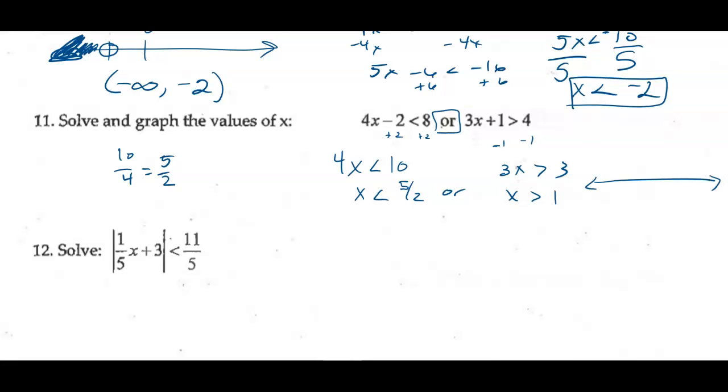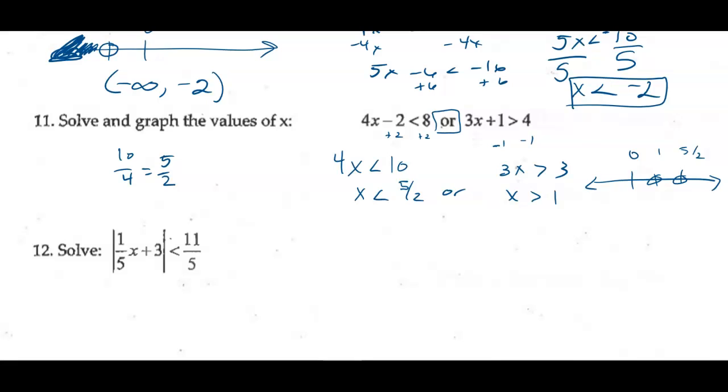So again, I put my 0, I have my 1, I have my 5 halves. They both get open circles. But I want values that are smaller than 5 halves. Now, because this is an or, that means as long as the part of the number line hits one equation or the other, you include it in your solution.